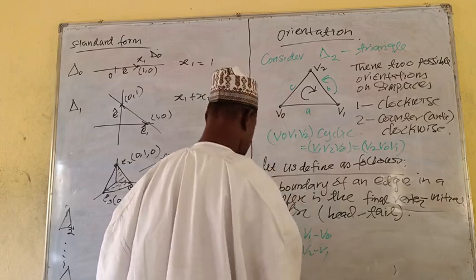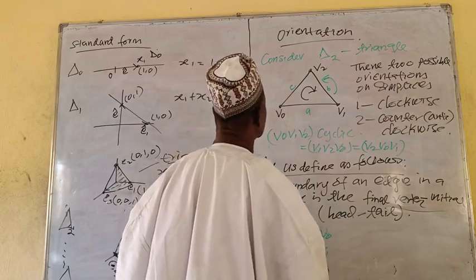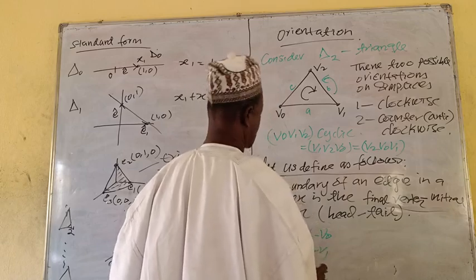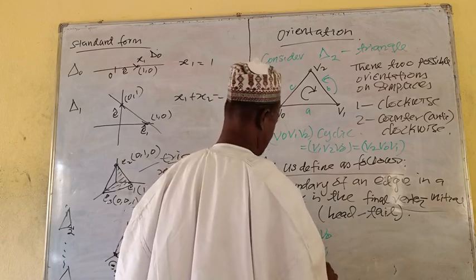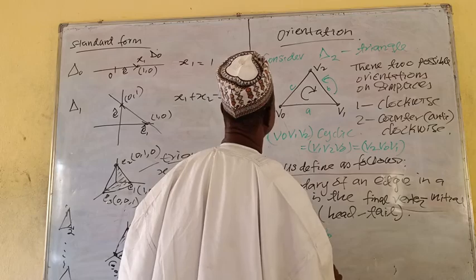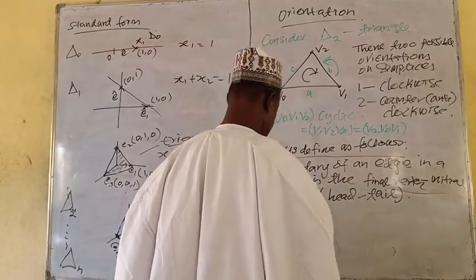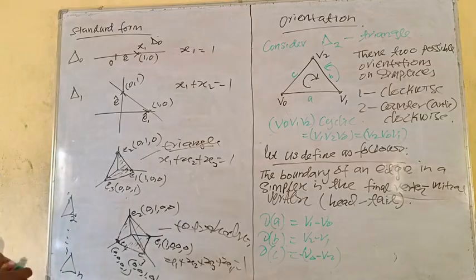And the boundary of C will be B0. In that case, minus of B0 minus B2. Okay, something like that.